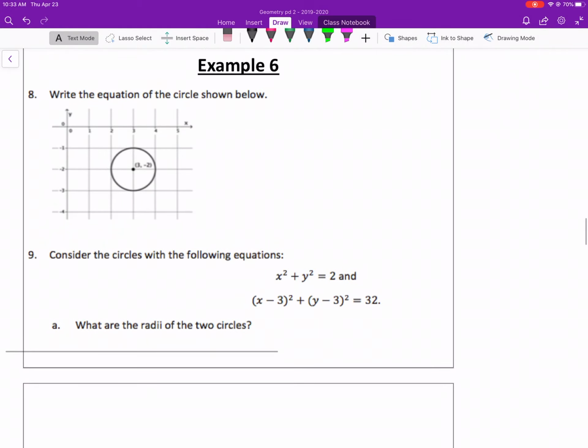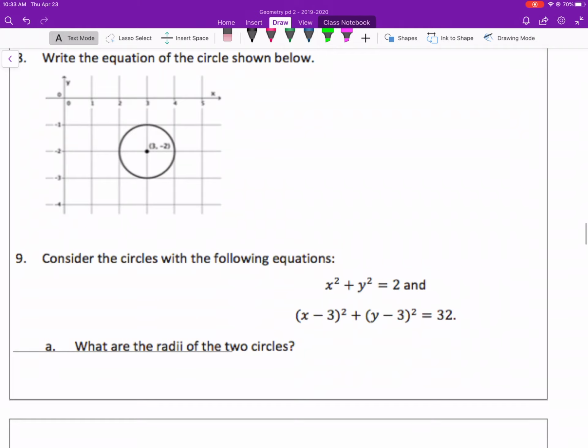Write the equation of the circle shown. So they give you HK as 3 and negative 2. And then our radius is just a very small circle. That line is just 1 unit in the x direction, at least 3 to 4, just 1 unit.